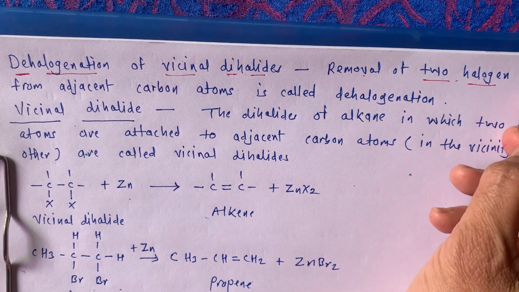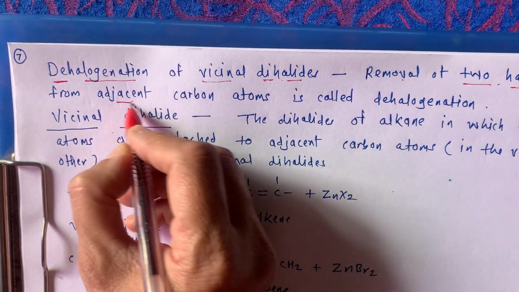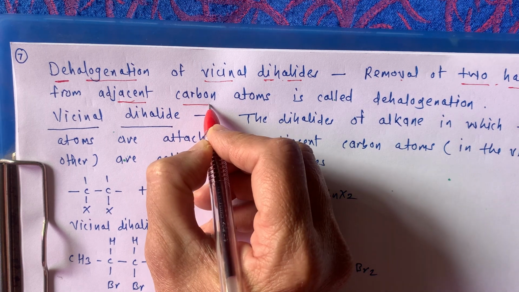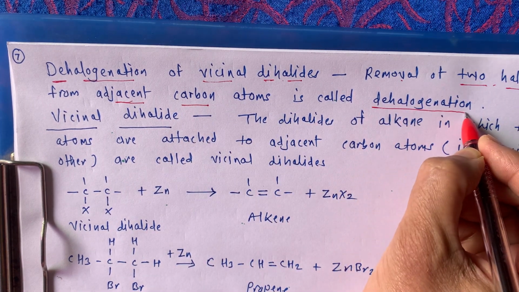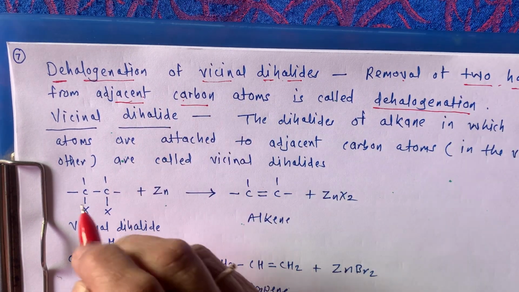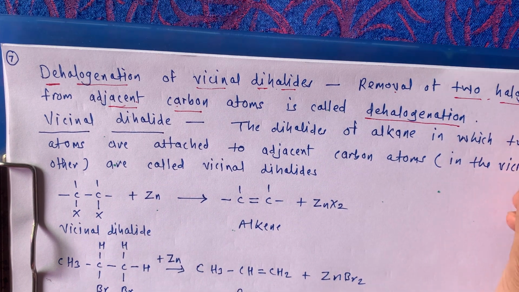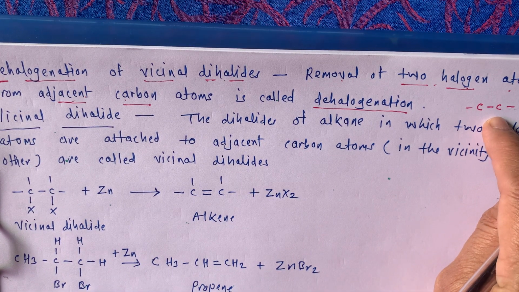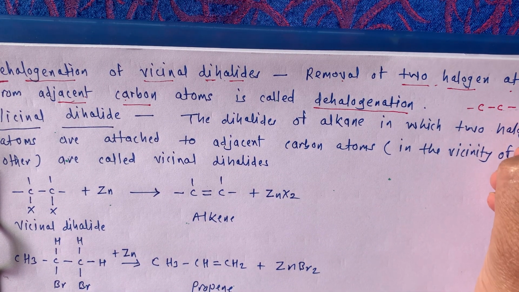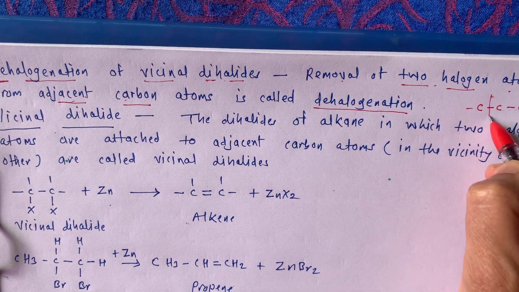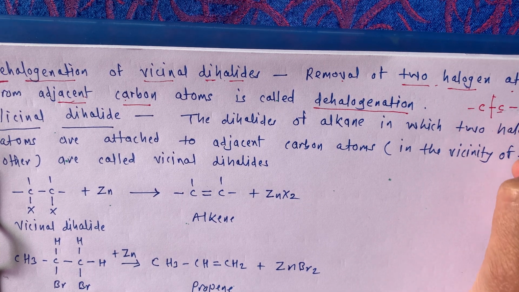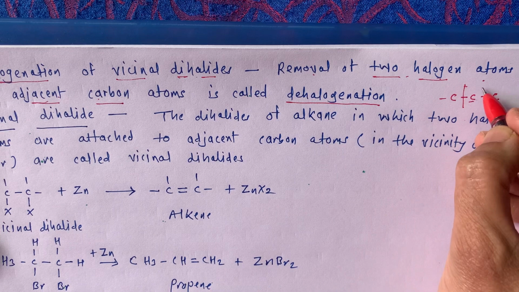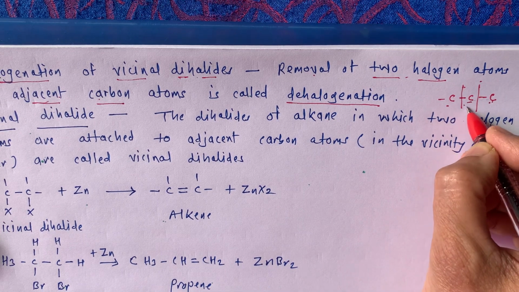Removal of two halogen atoms from adjacent carbon atoms is called dehalogenation. Now adjacent carbon atoms means, see, this is C, this is C. Okay, so these two are adjacent to each other. Now suppose one more C is there, then these two are adjacent to each other, or otherwise these two are adjacent to each other.